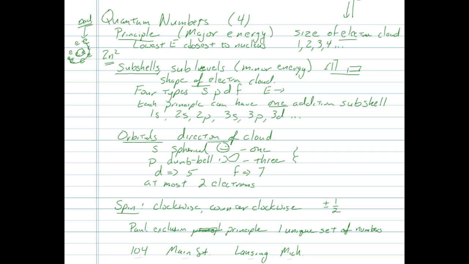You need all 4 of these to indicate where your letter is going to go. So each house has its own unique identification. You cannot have two different houses with all four being the same. You could have 104 Main Street, Lansing, Kansas. You have Main Street, Lansing, Michigan, but you'd have to have some other house number other than 104.